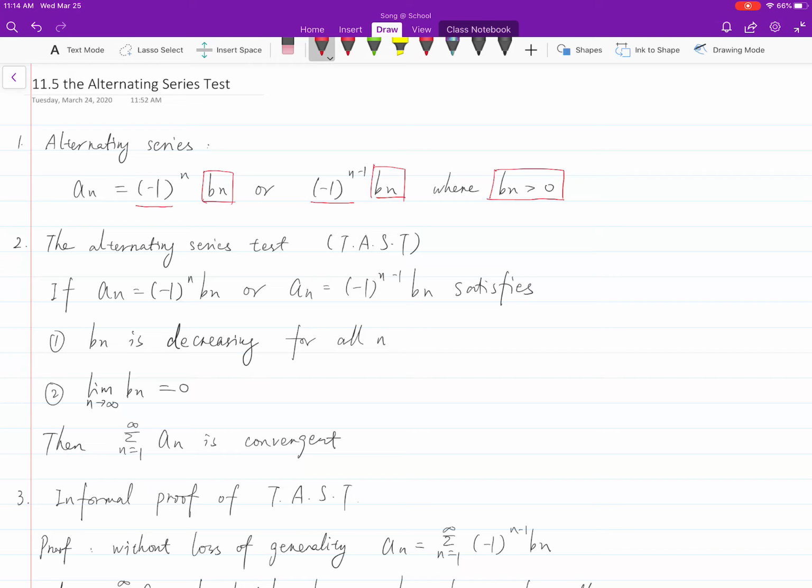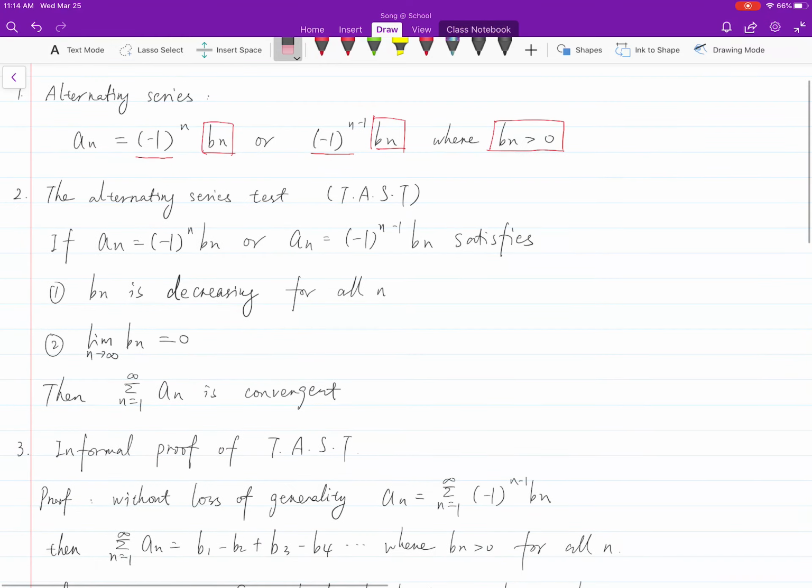And there's a difference between the two things I just underlined. For the first one here, you start with a negative and alternate. For this one here, you start with a positive and you alternate. If this looks confusing to you, just try to write down several examples. You will see, they definitely get the job done. So that's the first one.